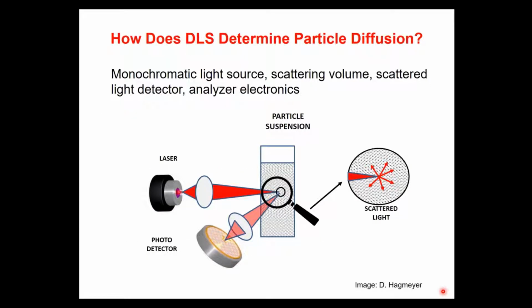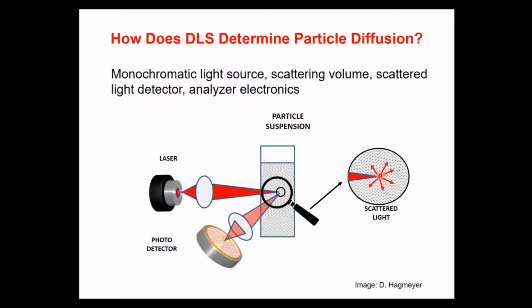To effectuate this measurement, the hardware of DLS typically looks something like this. Monochromatic light, again, usually a laser of different wavelengths depending on manufacturer, is focused down onto a small section of a particle suspension sample. Those particles will scatter light in many different directions.